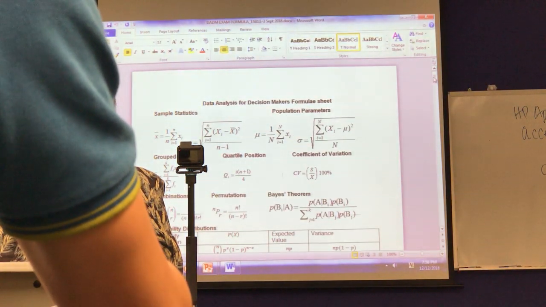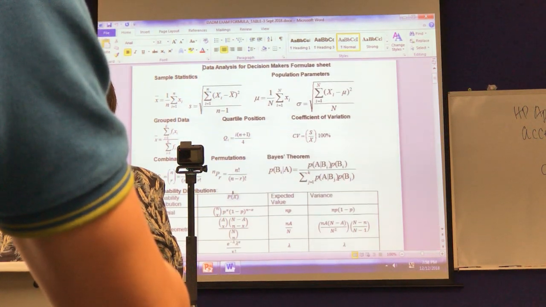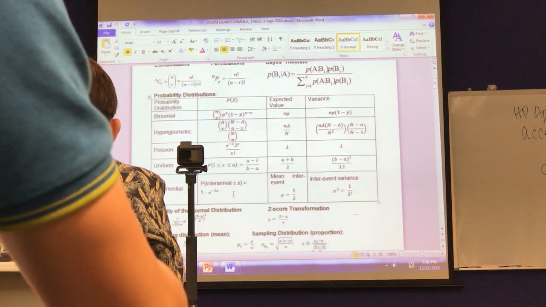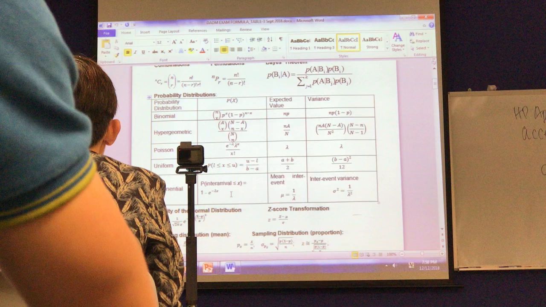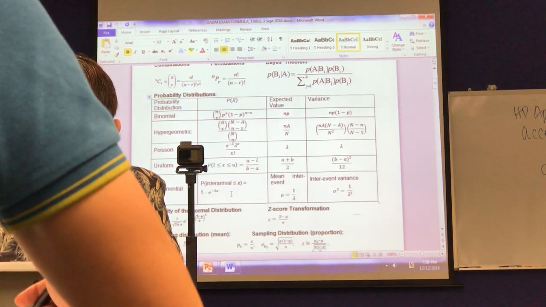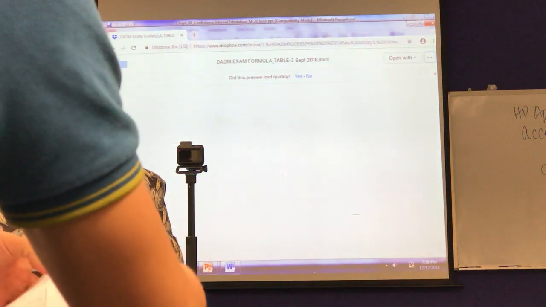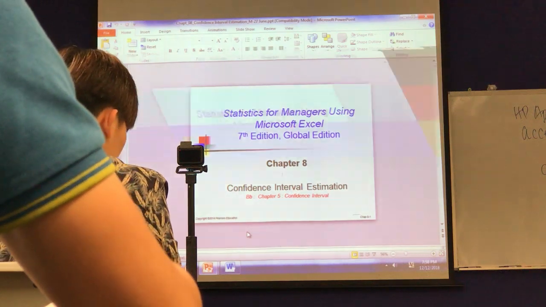You must be able to read and understand what these formulas are. The formulas will be scattered everywhere, as what you see, as what you get. But if you put it in that table we showed you just now, you kind of know when to use what formula. So it's better than all the formulas scattered everywhere. But nonetheless, let's move on. What is confidence interval?